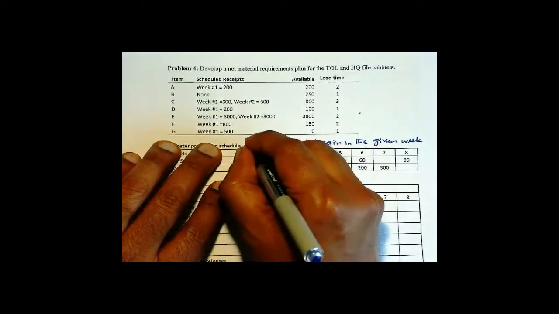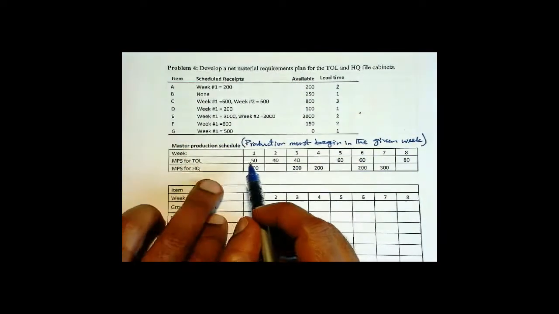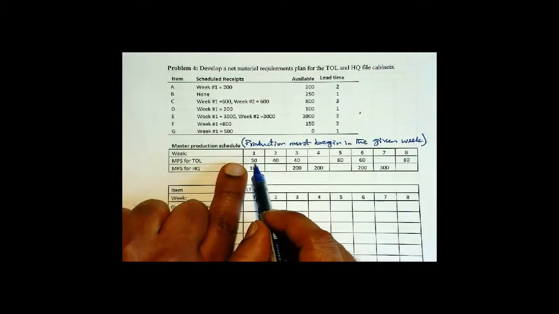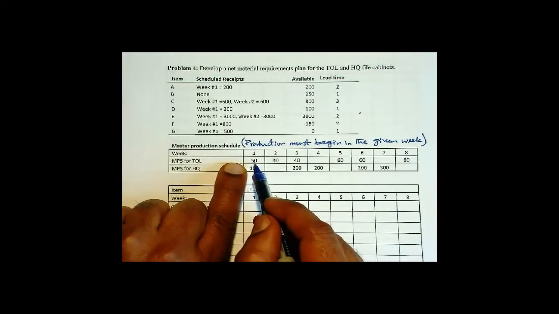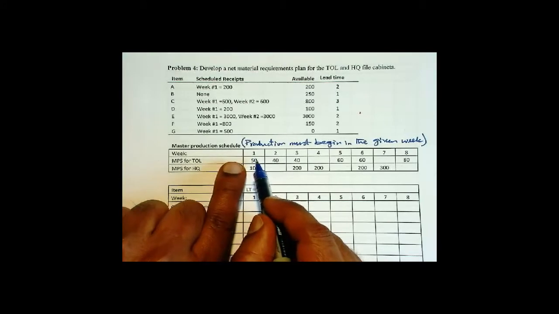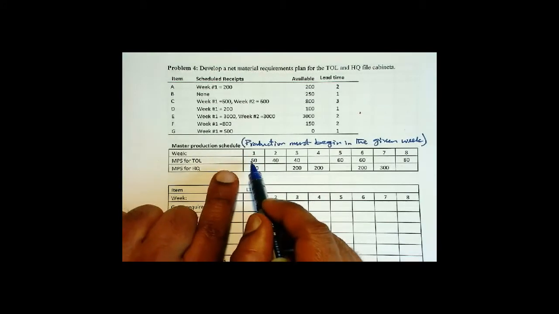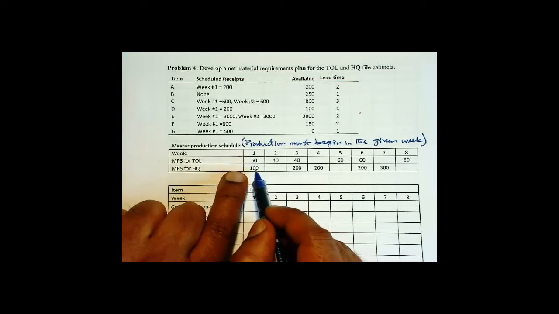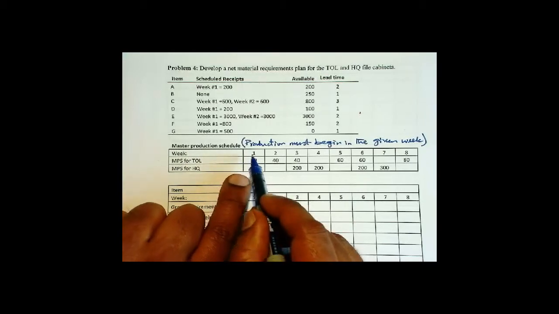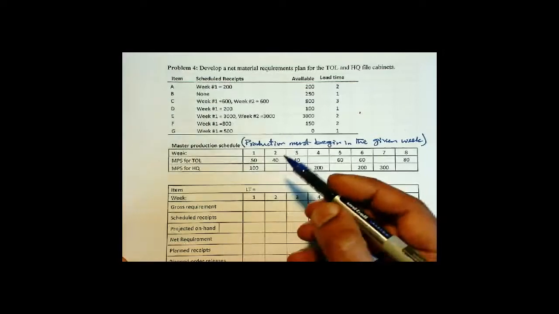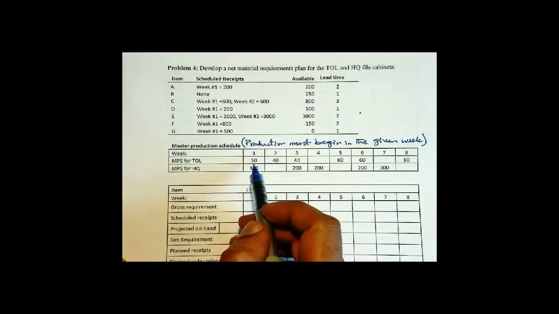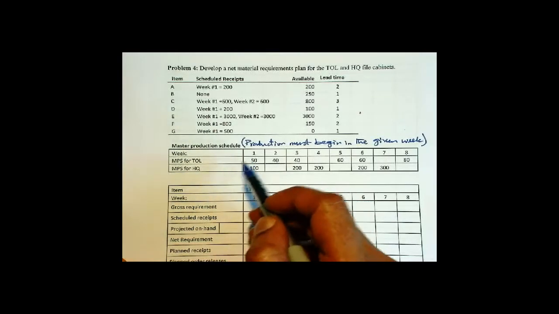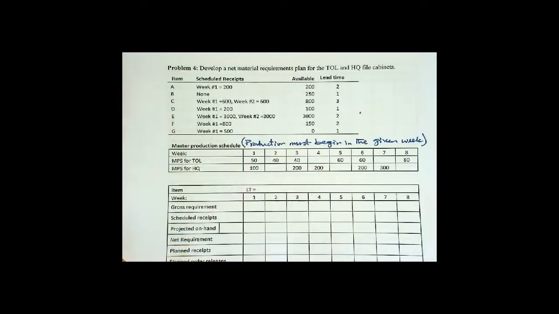Okay, so we are assuming that. So the MPS here means that 50 units of TOL must begin production in week 1. The production for 50 units of TOL must begin in week 1. Production of 100 units of HQ must begin in week 1. Okay. So in which case, beginning in week 1, the components required for that production must be available at that point in time.